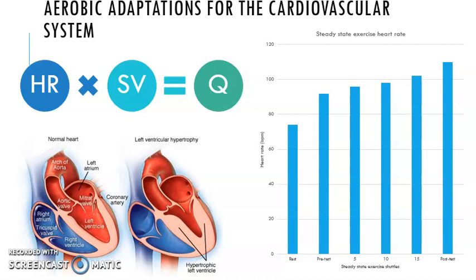We can then see that their heart rate slowly increases up to about 111, which tells us that they are working in their aerobic threshold.